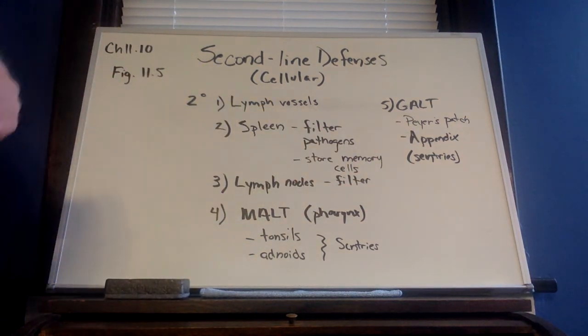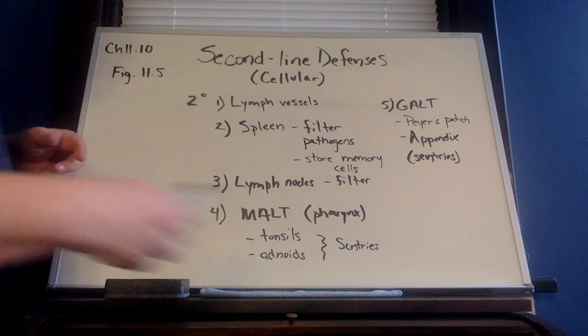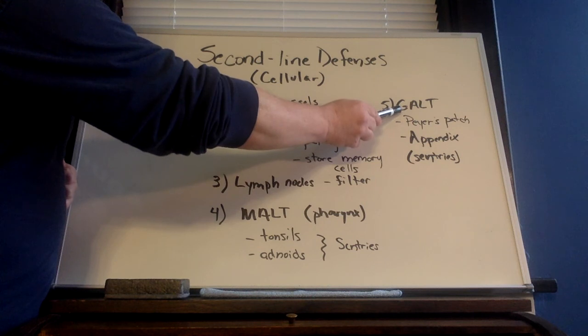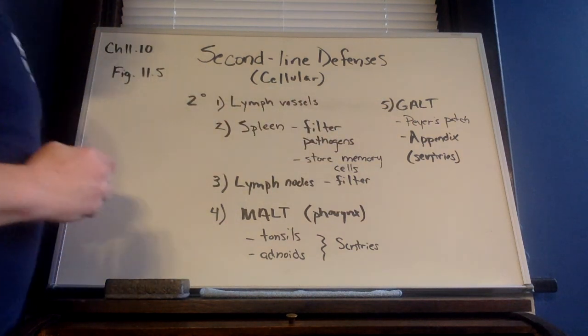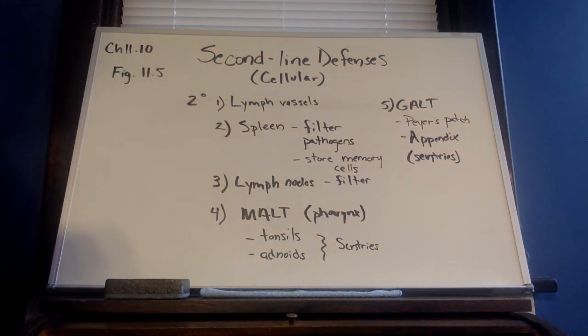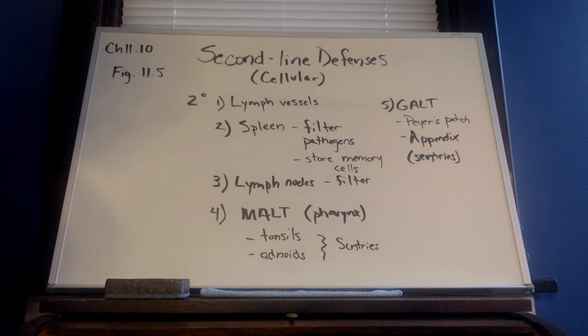These are sampling things that are going through the intestines. And if they see something is out of place, they can also give the immune system sort of a heads up as to what's going on. So remember, your book is labeled this MALT as well, but the Peyer's patch and the appendix are the GALT, the gut-associated lymphoid tissues. So those are your primary and secondary lymphoid tissues and their basic roles.